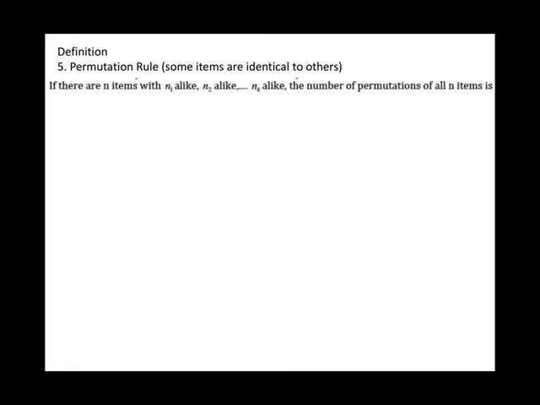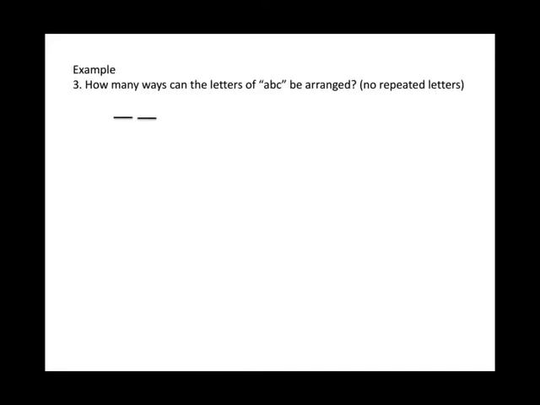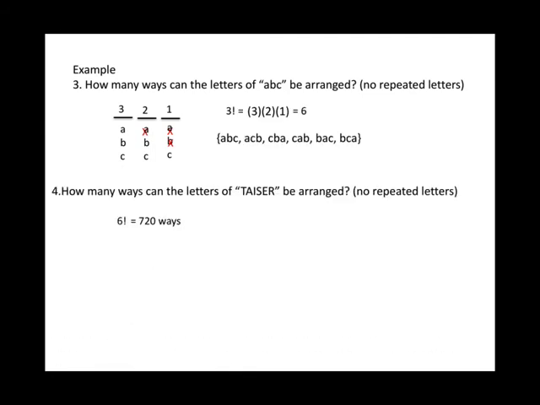Permutation rule when some items are identical to others. Remember the examples we covered for number 3 and number 4? In these two examples, we wanted to know how many ways the letters can be arranged, and we don't have any repeated letters.